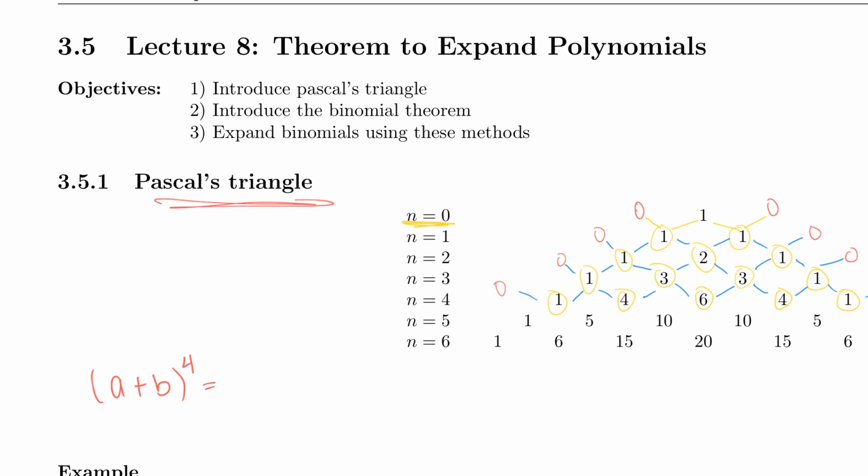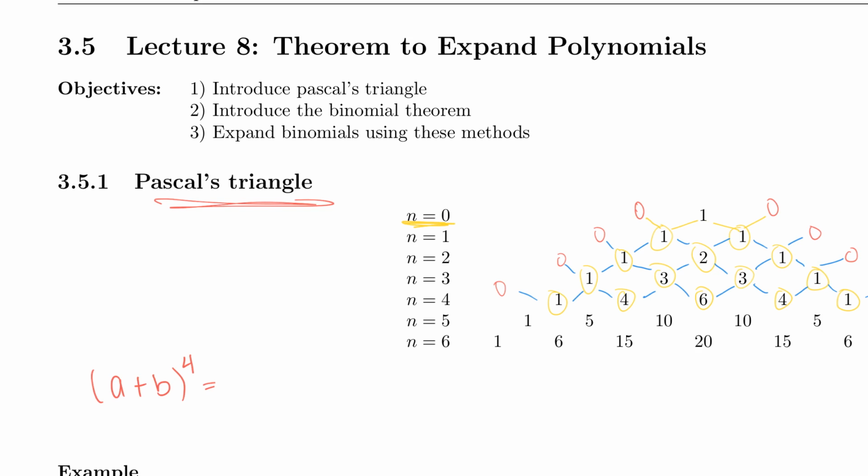We either do a plus b times a plus b times a plus b times a plus b and start solving this using the distributive property, right? It's going to take us a long time to solve all this. The other option is using Pascal's triangle.